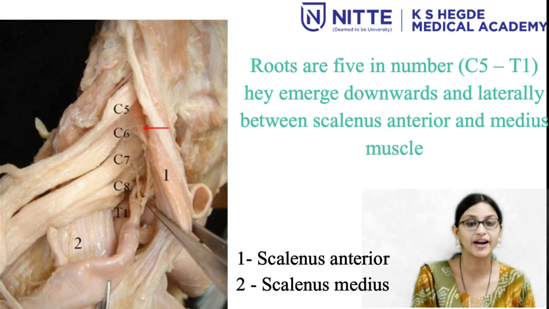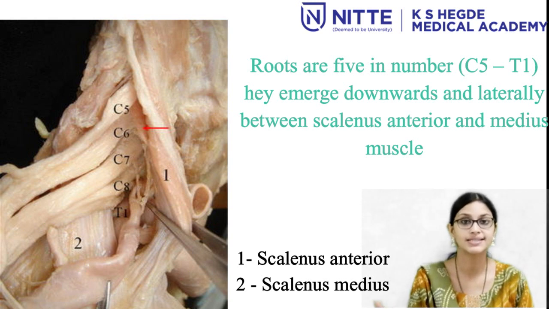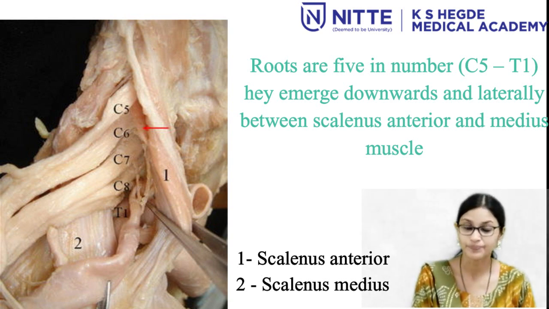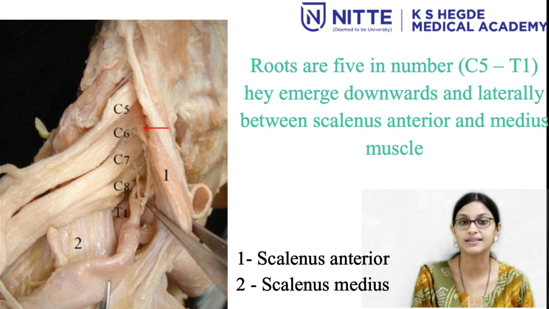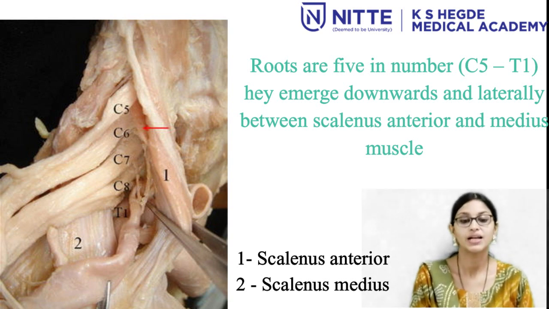The roots are 5 in number, as I mentioned, C5 to T1, and these roots emerge downwards and laterally between the scalenus anterior and medius muscles. So these both muscles we see in the neck.